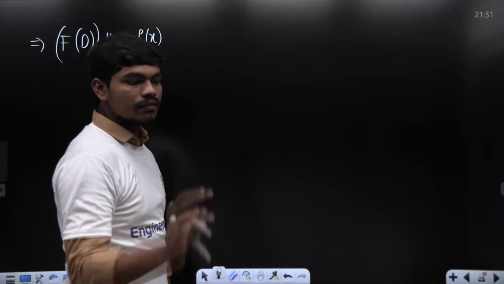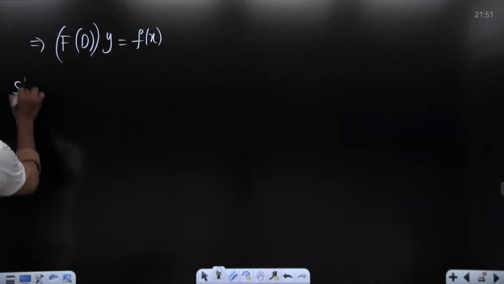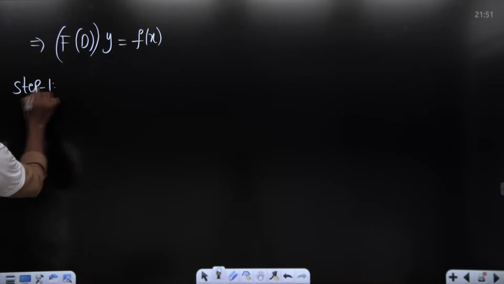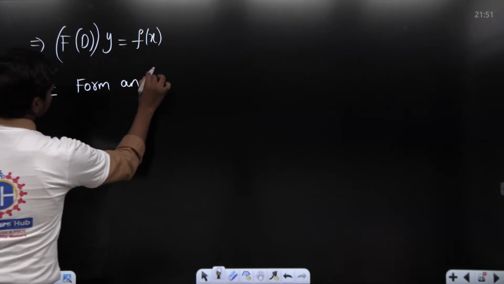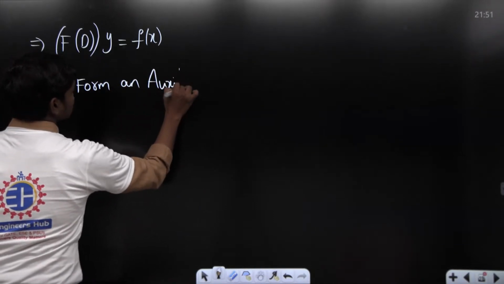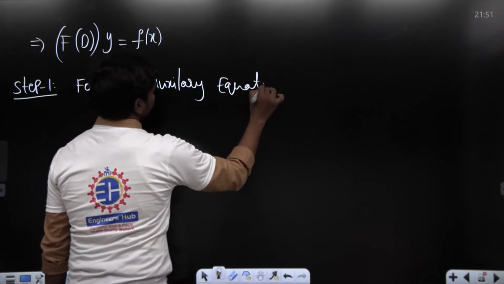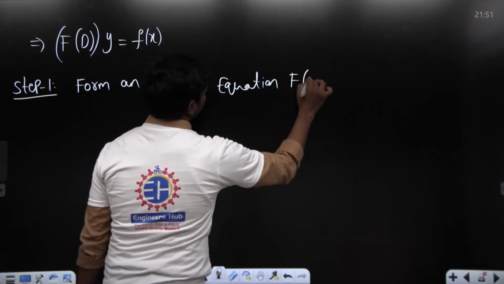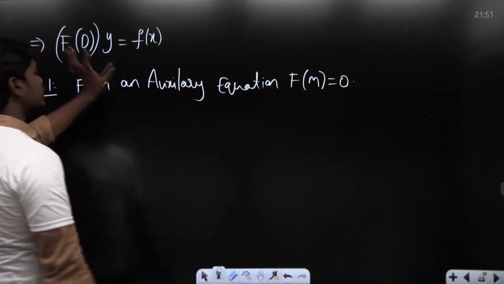Now if you get this equation, let us see how to solve it. Step 1, form an auxiliary equation. Sometimes it's also called the indicial equation. So form an auxiliary equation f of m is equal to 0. First of all, make this equation homogeneous.